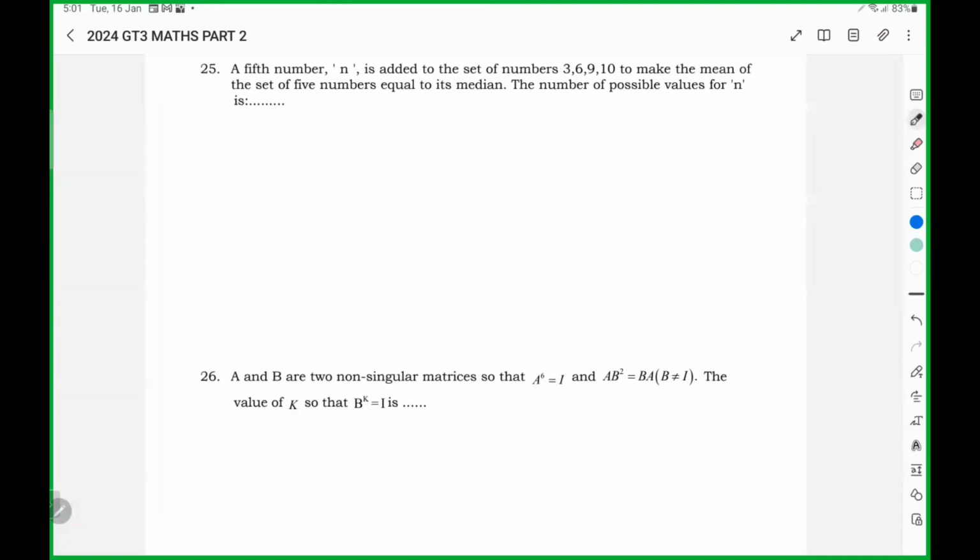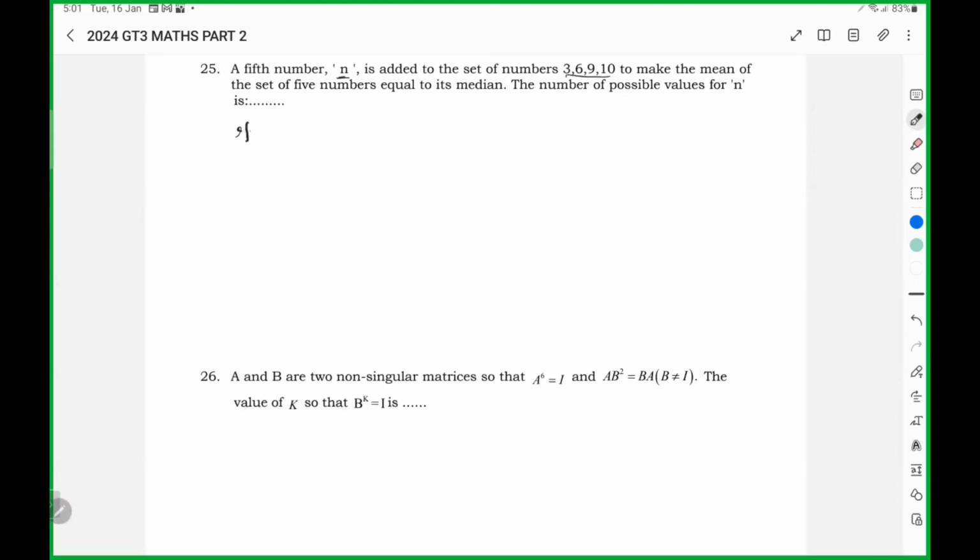A fifth number is added to the set of numbers to make the mean of the set of 5 numbers equal to the median. So this number n we can put anywhere.